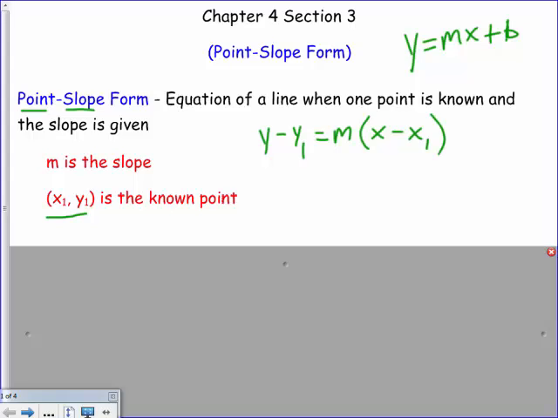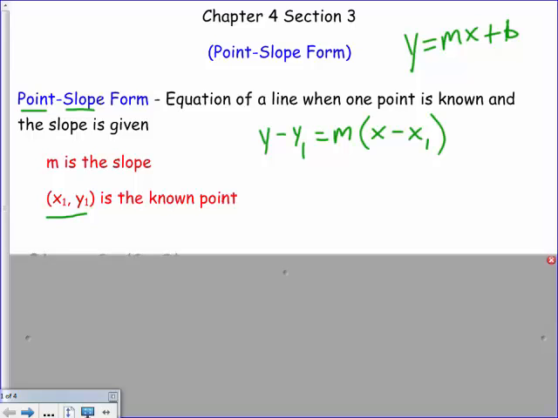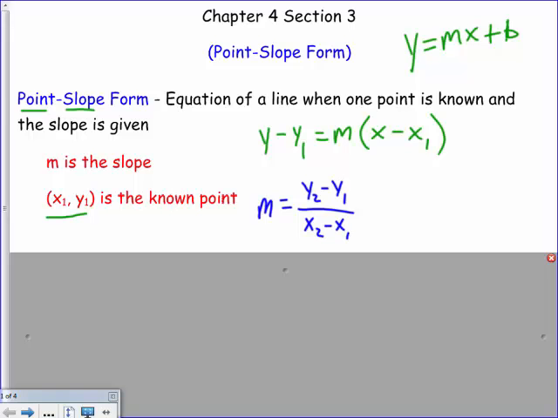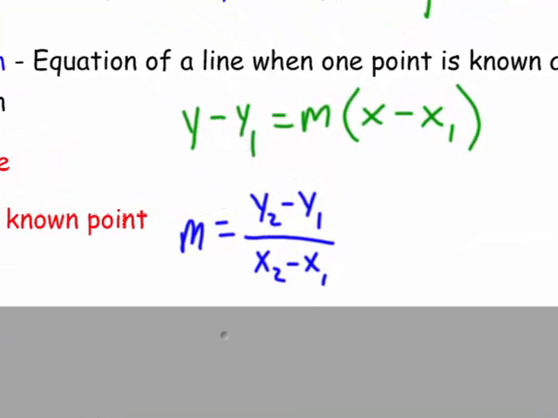And this actually came from something. I'll explain. If you remember your slope formula, m equals y2 minus y1 over x2 minus x1. If I wanted to get rid of the denominator of the fraction, I could multiply by x2 minus x1, and these would cancel each other as long as I do it to the other side.